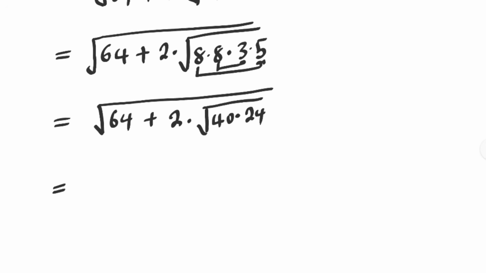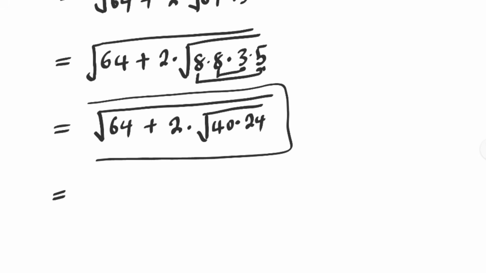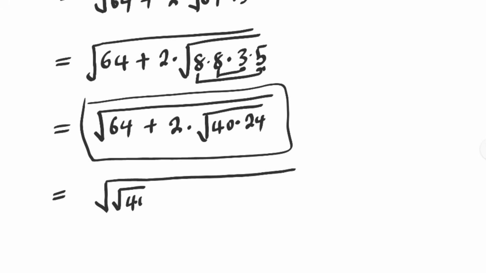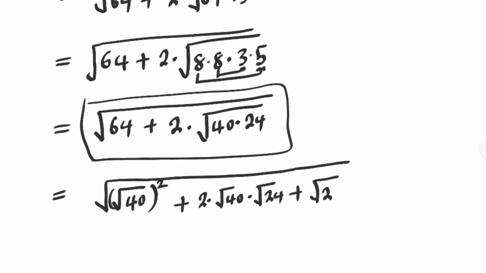Then all of these can be written as square root of square root of 40 all square plus 2 multiplied by square root of 40 multiplied by square root of 24 plus square root of 24 all square.